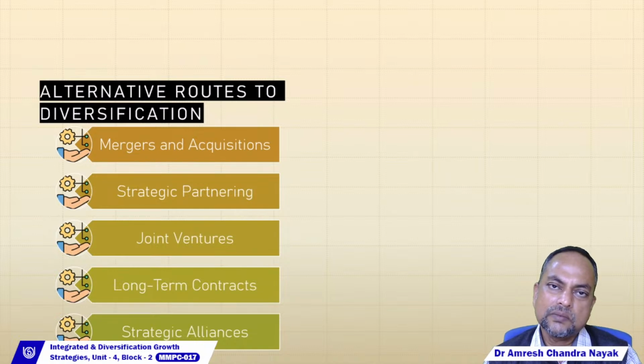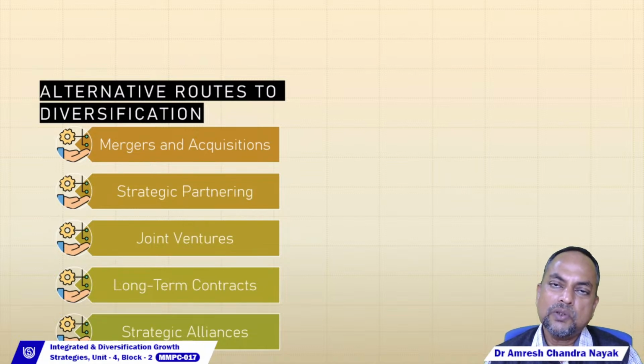Then we have long-term contracts. If you remember, we discussed strategies as corporate level, competitive level, functional level, or operational level strategies. Whenever you have some sort of problem related to the functional level or operational level of the organization, you need long-term contracts.